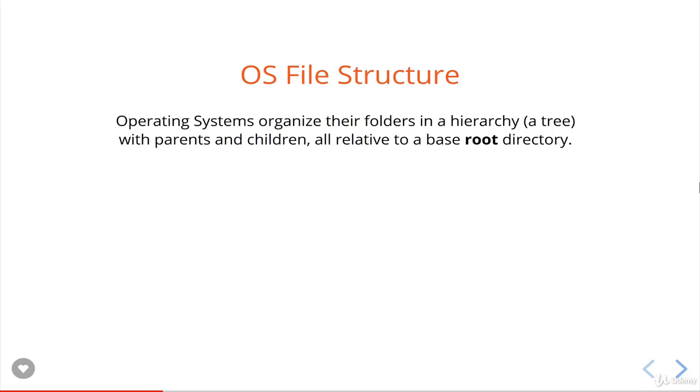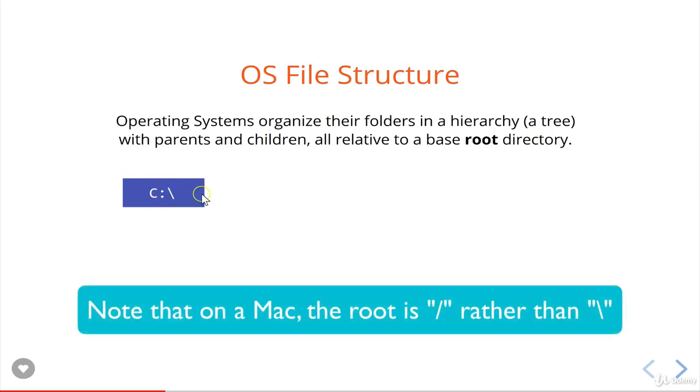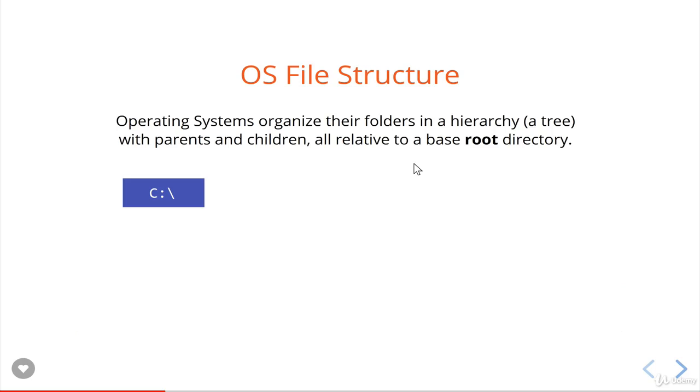But at some point, there is the top-level root directory. And on a PC, that is the \. It's the root directory. And so we could describe every other folder or file on our machine relative to that \, to the root directory.